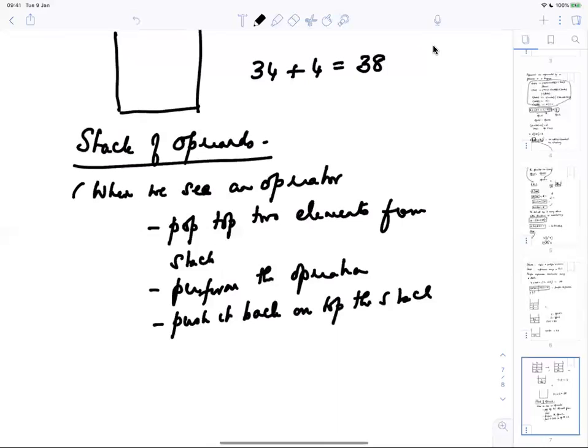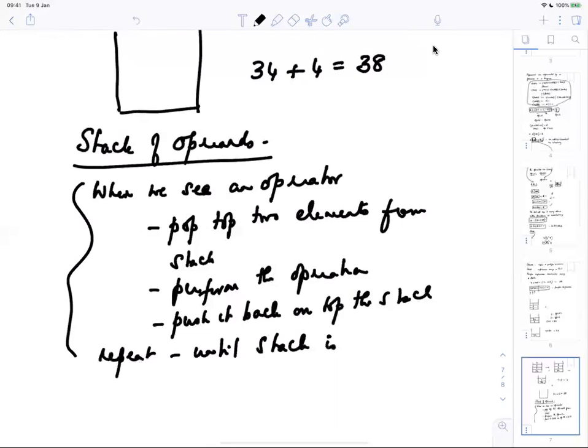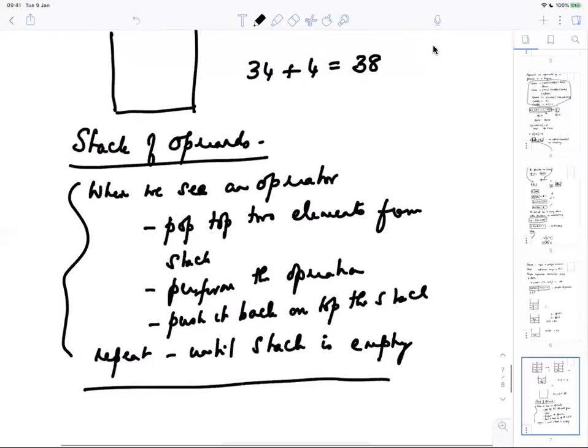And we repeat this until stack is empty. Okay, very simple. I want you to think about what you will do for unary minus at the beginning. Think about this.